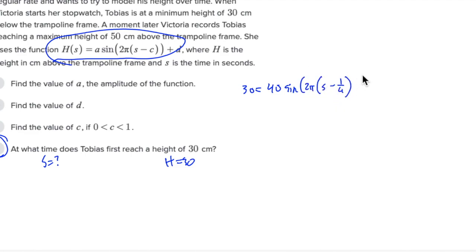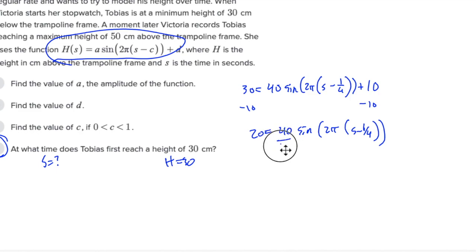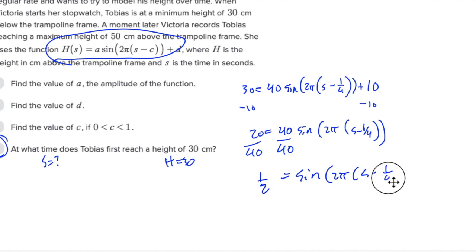We use the same algebra: subtract 10 to get 20 equals 40 sine 2 pi (s minus 1/4). Then divide by 40 to get 1/2 equals sine 2 pi (s minus 1/4). And then you'll just do inverse sine to get s by itself.